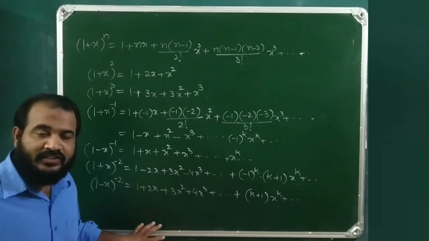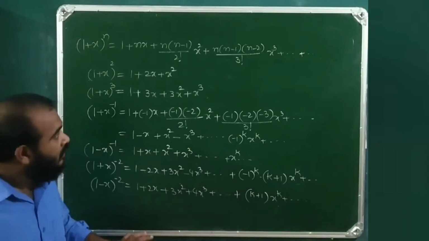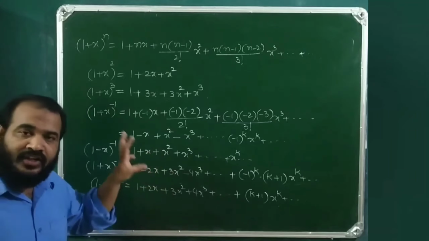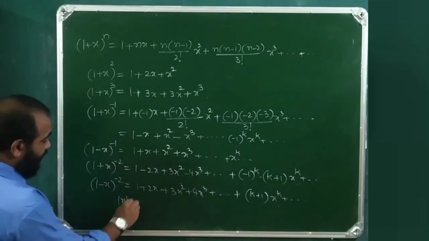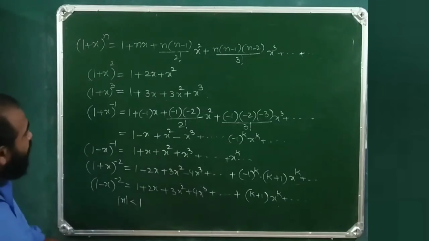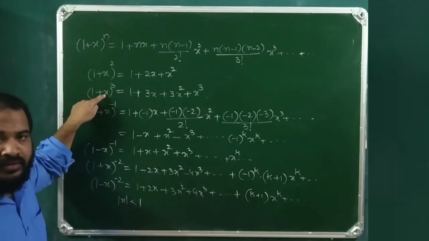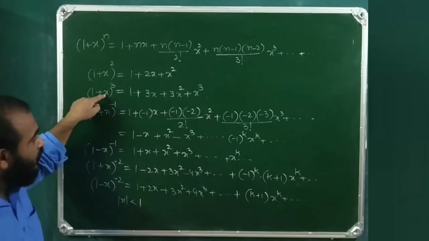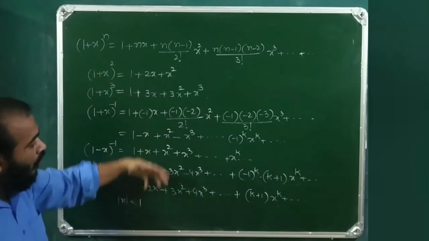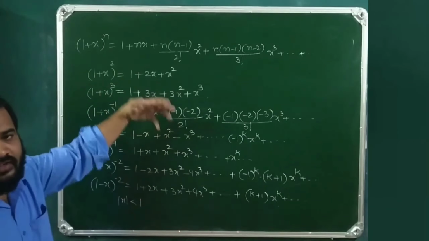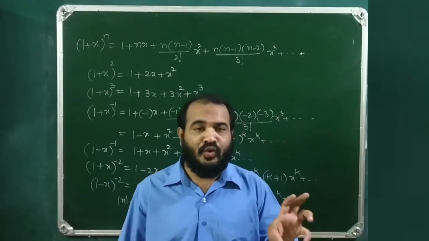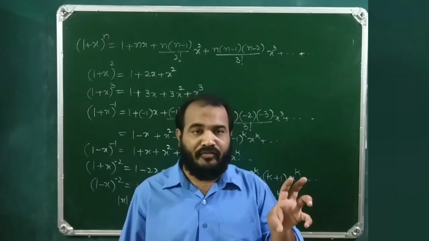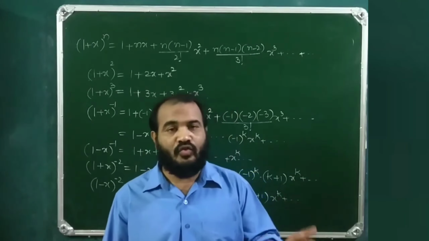For the expansion to be valid, n should be a rational number with |x| < 1. That means x should lie between -1 and +1. These expansions can be used to express a proper fraction as a power series of x.